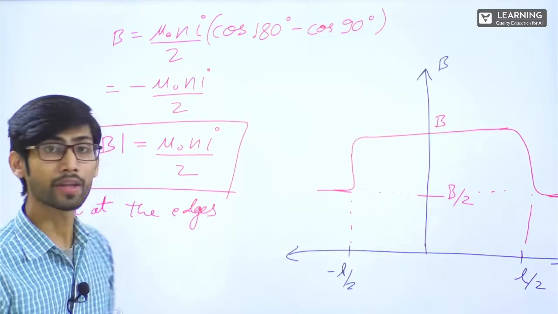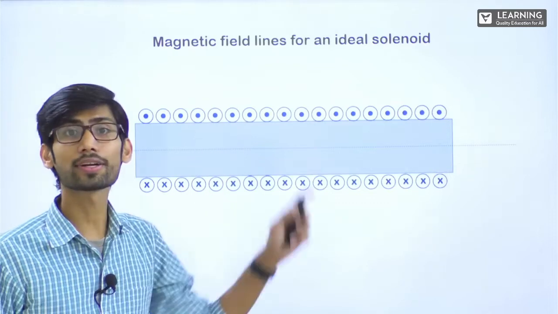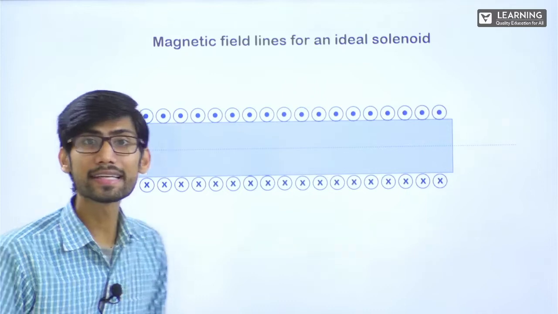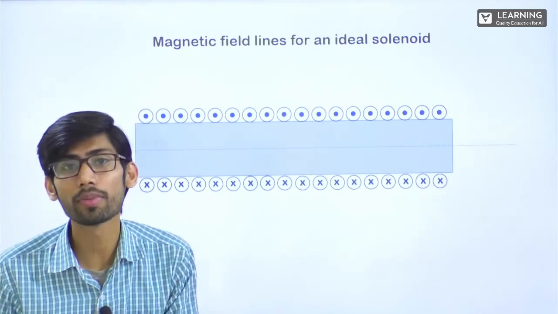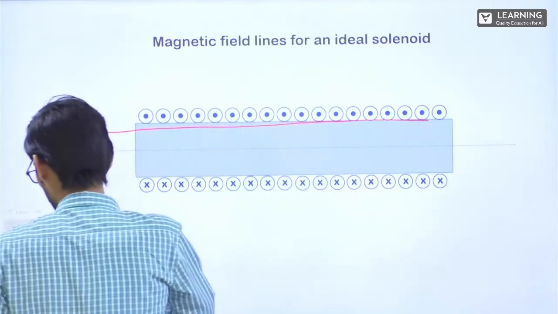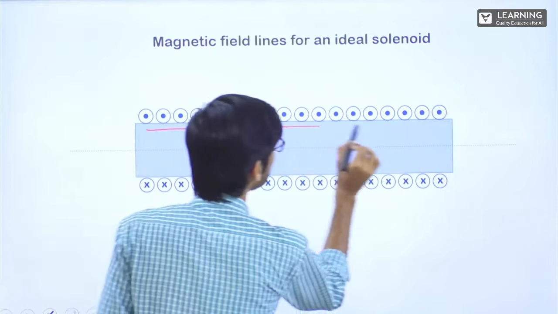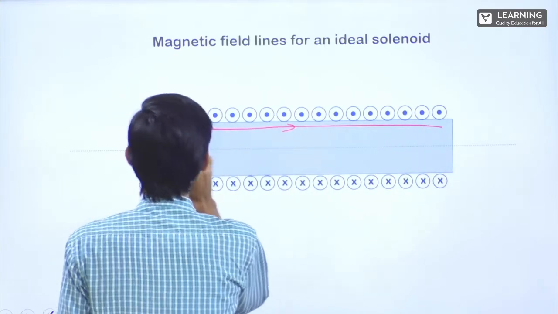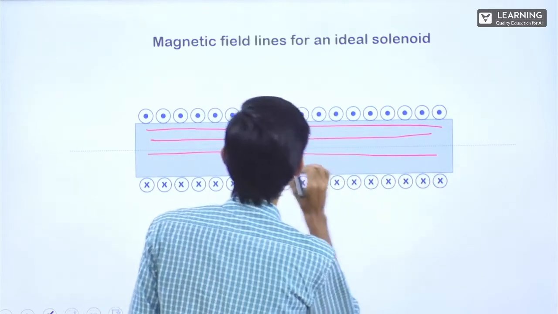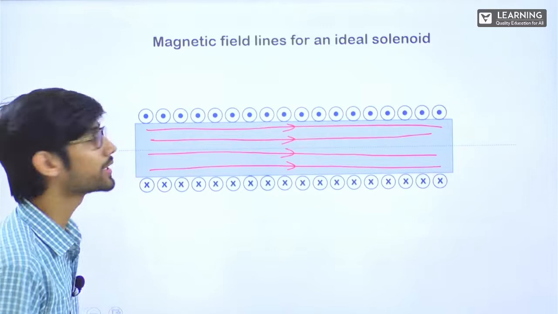Okay. So now if I see the magnetic field lines for an ideal solenoid, since the magnetic field inside it is constant, that is uniform magnetic field, inside this it will be straight lines which are equidistant from each other, uniform magnetic field.